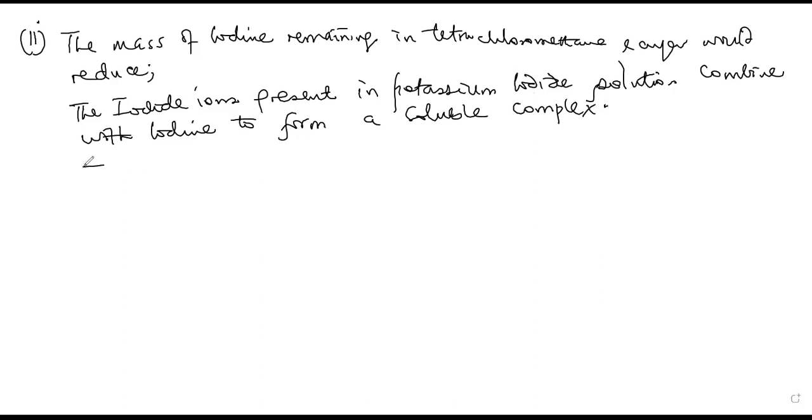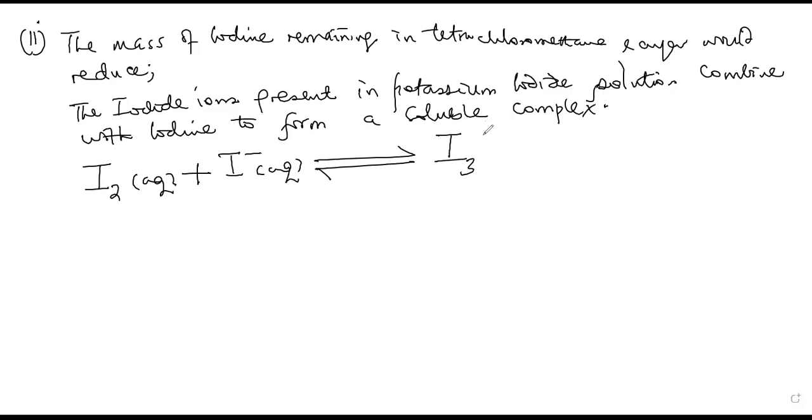Which complex is that? Triodide ions. So we have iodine plus the iodide ions, and we shall form triodide ions. This is the complex that we form.